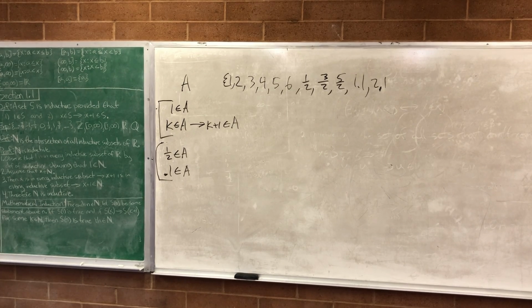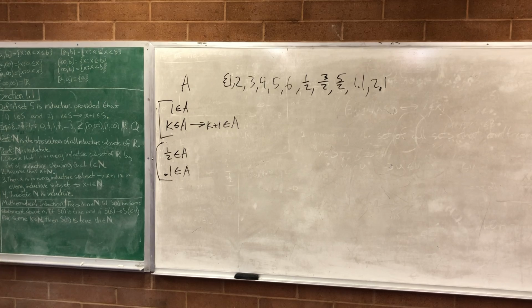Well, let's look at the integers. Are the integers inductive? Yes. 1's an integer, and for any integer, if you add 1 to it, it's still an integer. So the integers are inductive. What about this set: all the numbers starting at 0 to infinity? Are those an inductive set?